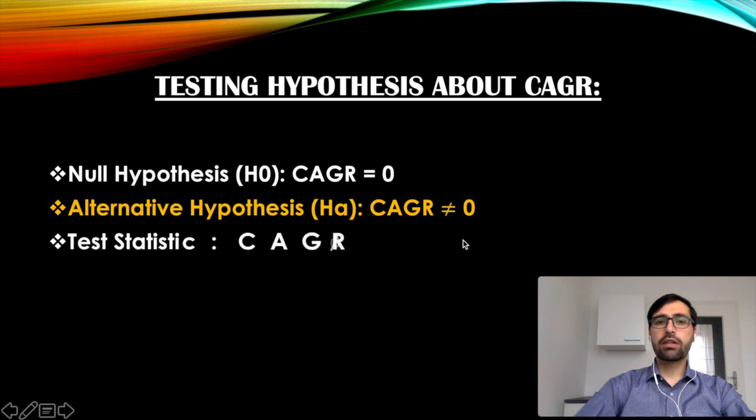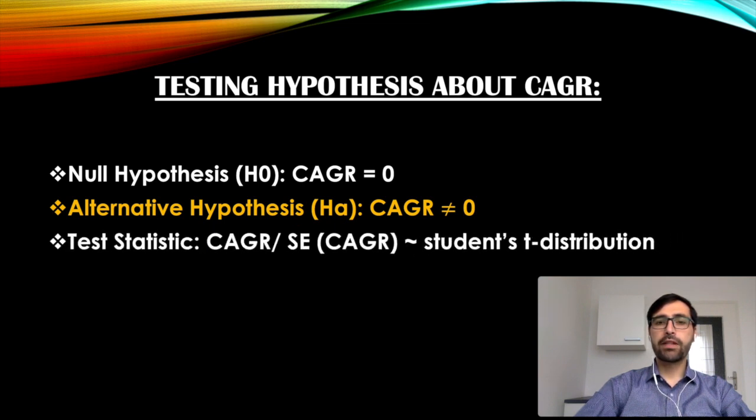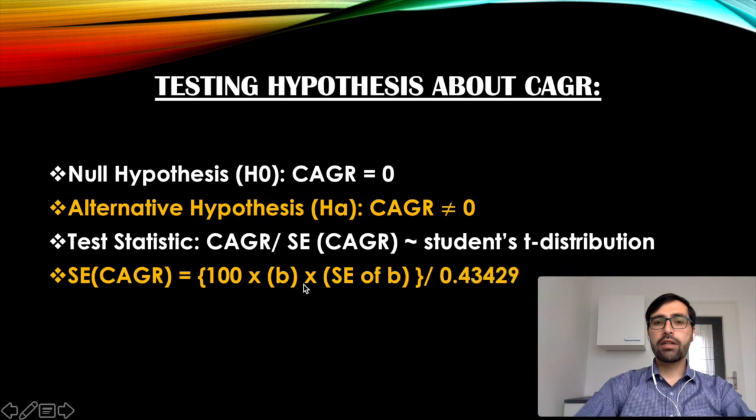Then the test statistic used for testing the hypothesis is this one, where the compound average growth rate is divided by its standard error, which follows the Student's t distribution. The standard error of compound average growth rate can be computed using this formula, that is 100 into b into standard error of b, or slope, divided by this constant.